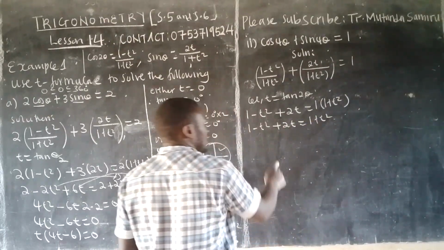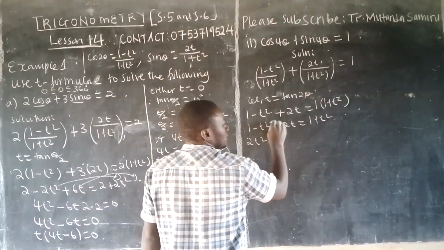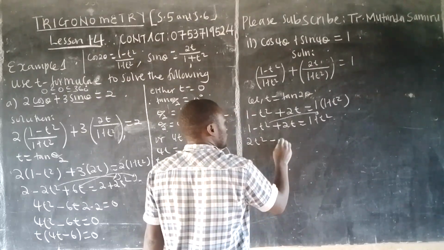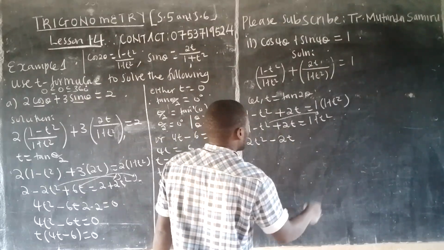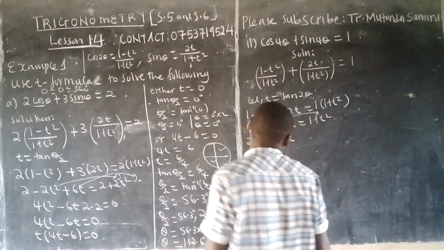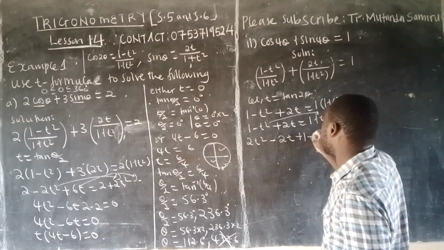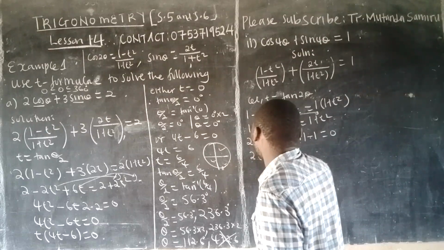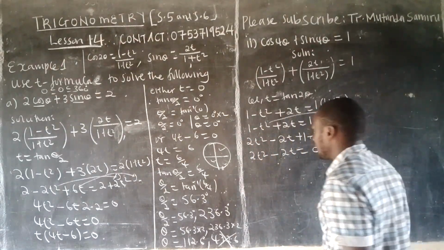Collect like terms. I want this to go the other side, then I'll have 2T squared minus 2T. Now the 1 goes the other side to cancel, so plus 1 minus 1 equals 0. So we now have 2T squared minus 2T equals 0.